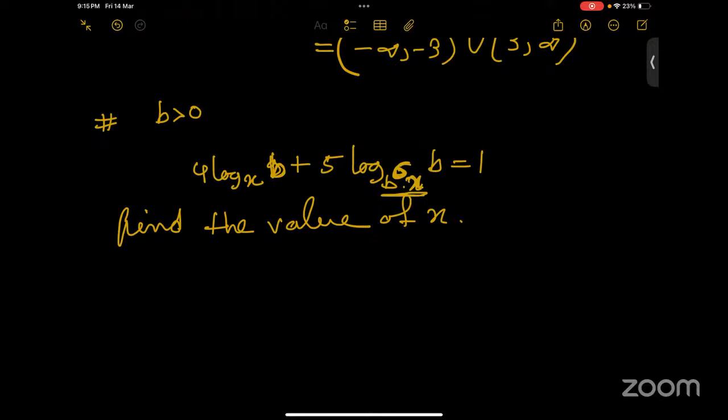When such things come, you try to change the base to some normal base like ln or log 10 or something like that, and then you can use the formulas here.